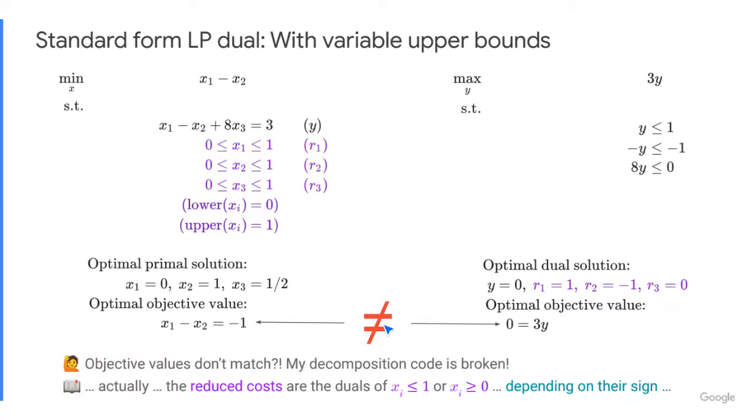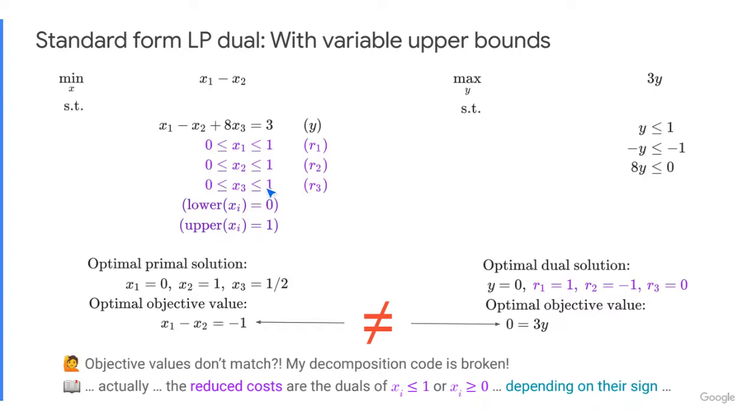But even worse, this is likely going to become apparent to the user when they're writing some decomposition algorithm that picks the dual solutions and tries to write code. And now the decomposition algorithm is not converging. They have no idea what's going on because they wrote the dual right. After you start digging a little bit, you realize that you're missing duals for these upper constraints.